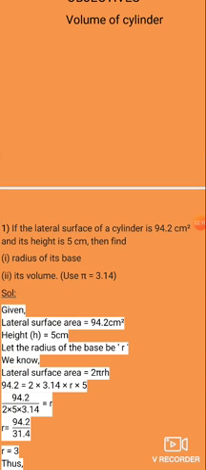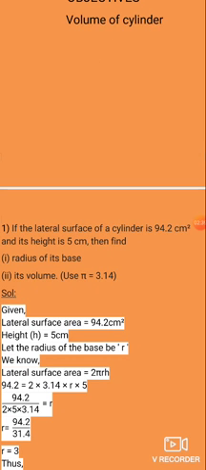The numerator and denominator have the same number of decimal places, so we can multiply both by 10 to avoid the decimal. Then 942 divided by 314 is equal to 3 centimeter. Thus, the first question, the radius of the base, is equal to 3 centimeter.